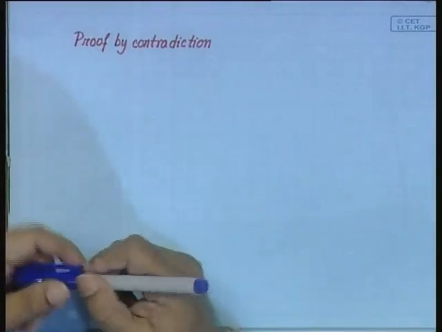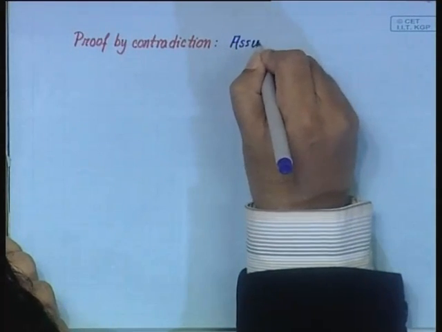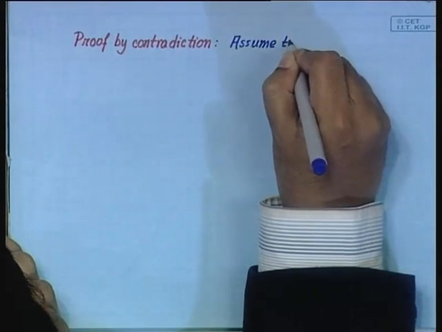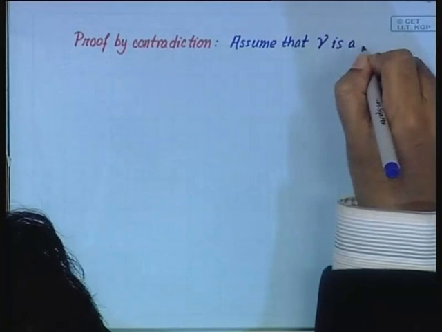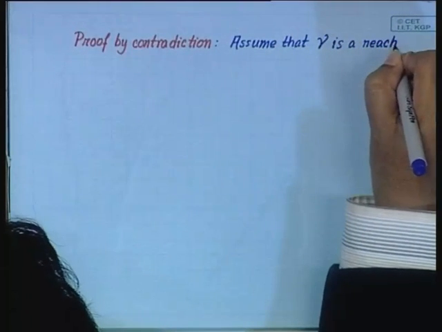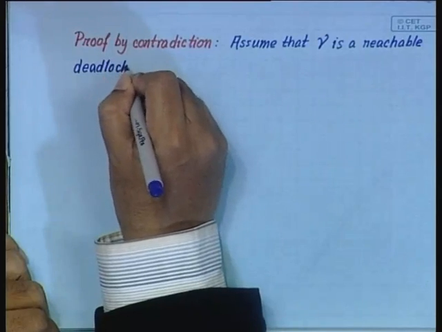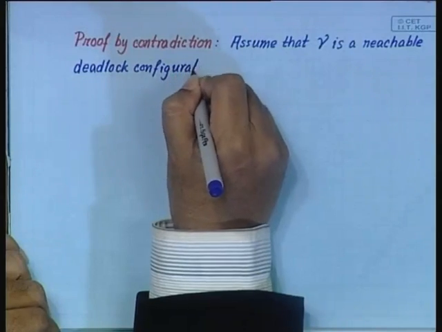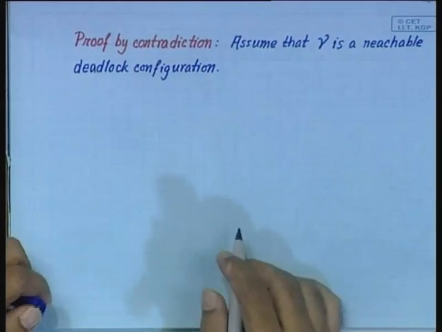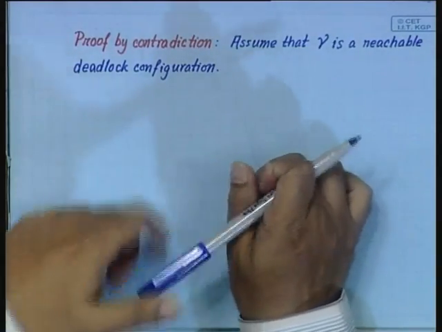So, to prove it, we will first assume that gamma is a reachable deadlock configuration. In other words, we can reach a state where a set of packets have been deadlocked, right.